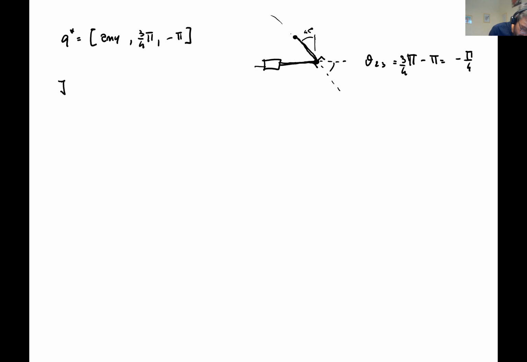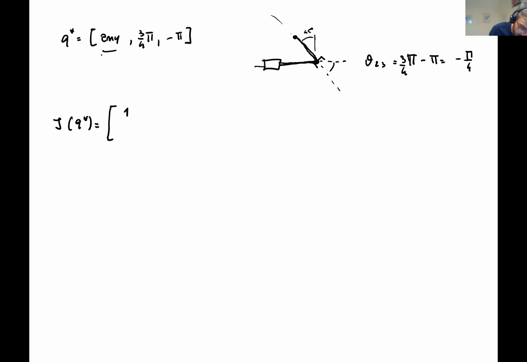So the Jacobian in this configuration becomes: we have an independency from the q1 variable.